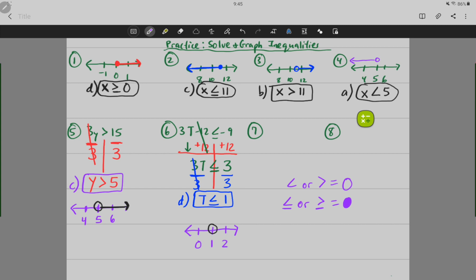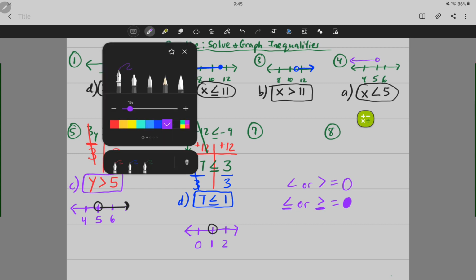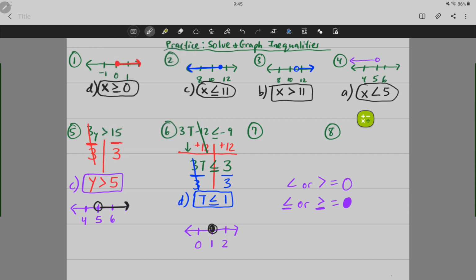Make sure you look back on them if you have any questions. So we know that our circle here should be a closed circle, since it says t is less than or equal to 1. Again, we know it's or equal to because it has that little line at the bottom. So let's go back and shade in our circle.